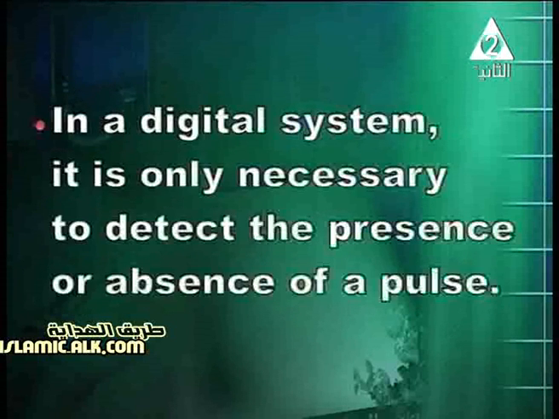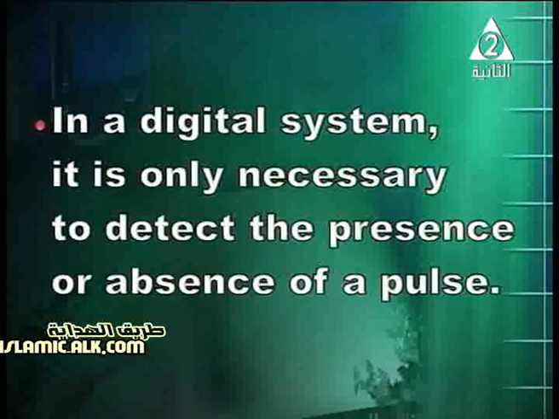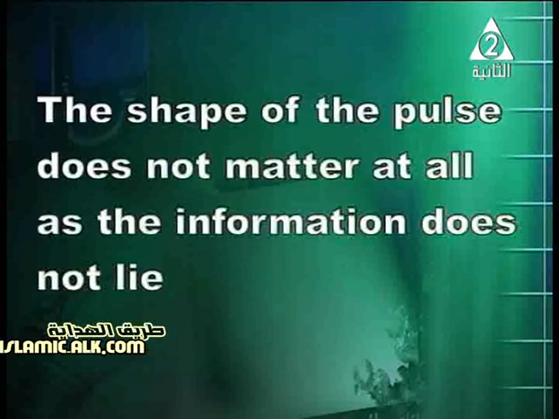In a digital system, this is very important: it is only necessary to detect the presence or absence, 1 or 0, of a pulse. The shape of the pulse does not matter at all.